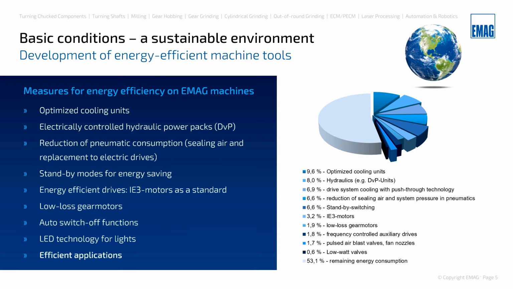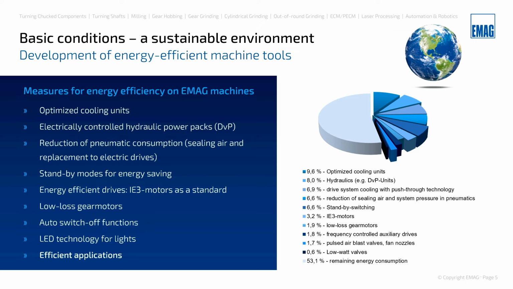What are the measures for energy efficiency on EMAG machines, especially on EMAG Köpfer machines? Of sure, we have optimized cooling units. We use electrically controlled hydraulic power packs. We reduced the pneumatic consumption, for example, sealing air replaced by electrical drives.